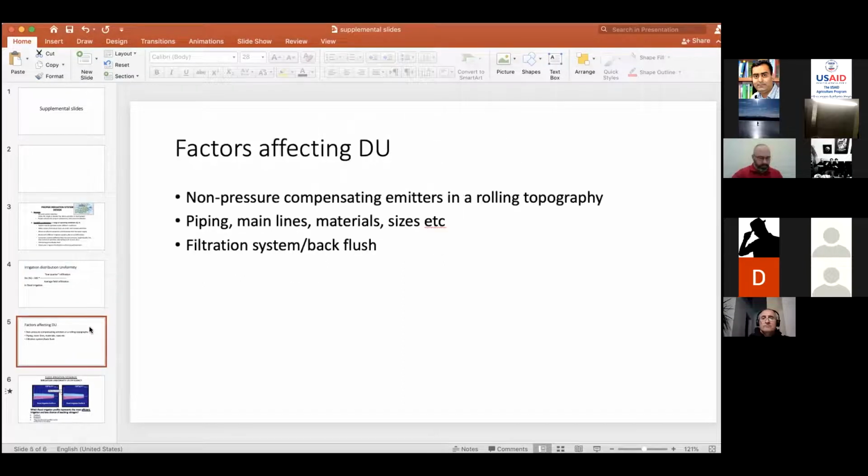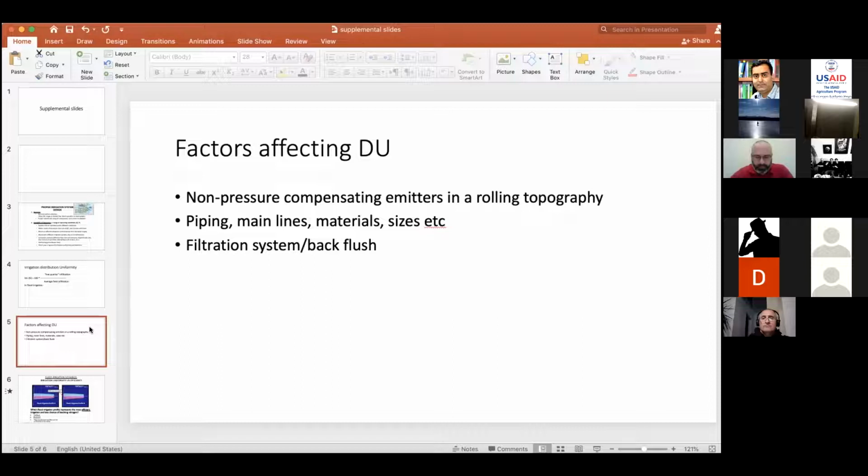Now, distribution uniformity can be affected by so many factors. In Georgia, I have seen a lot of orchards planted in rolling topography, uneven ground on the hillsides and on the top of the hills.